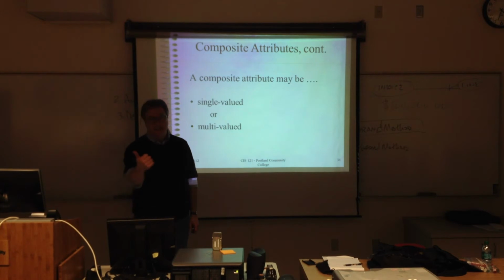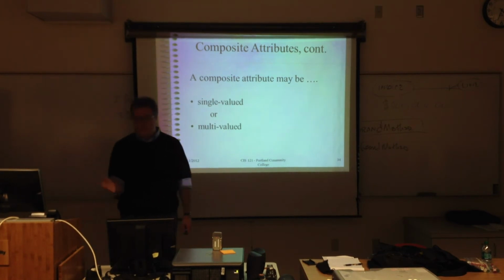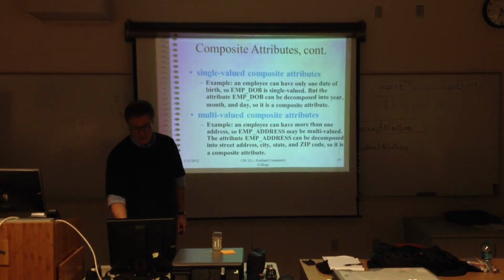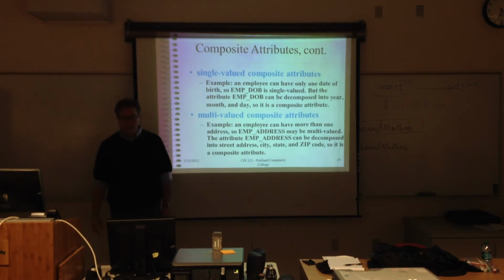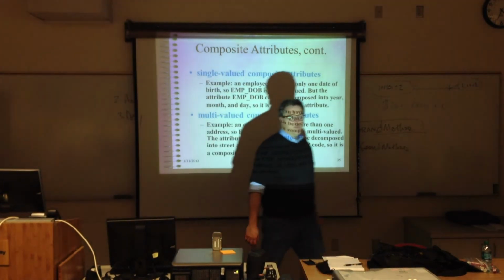Okay, so now I've got simple, I've got atomic, I've got single value, multi-value. Well, a composite attribute can be multi-valued as well. It's about as crazy as your brain's going to get today. So like we saw earlier, over the course of your career, you will have many addresses.